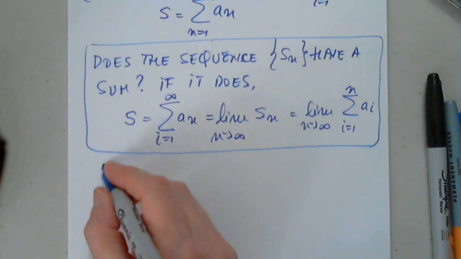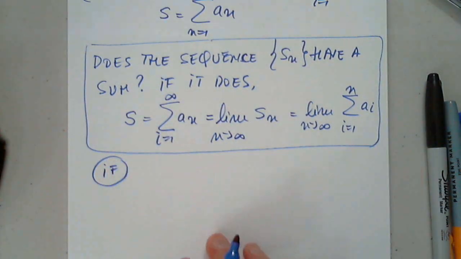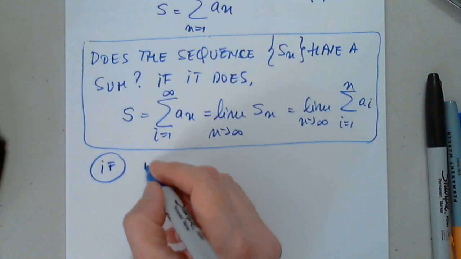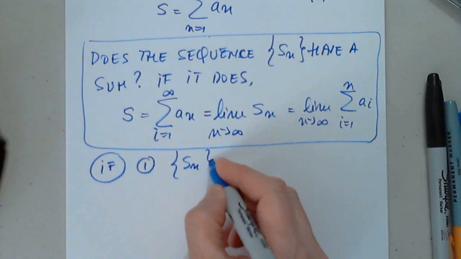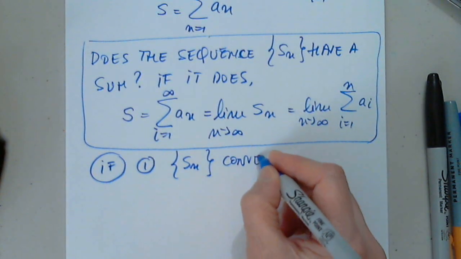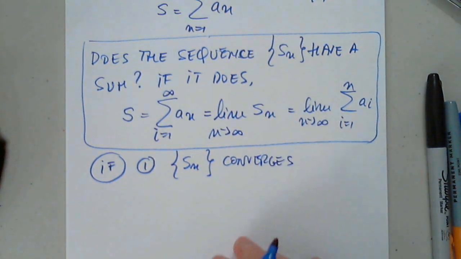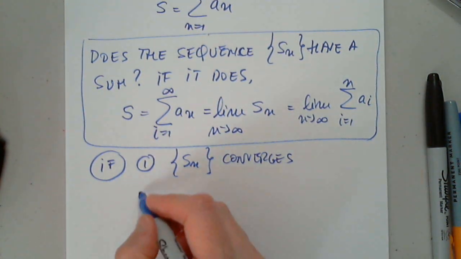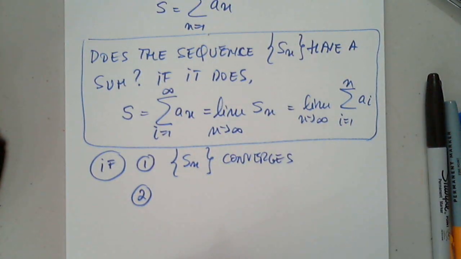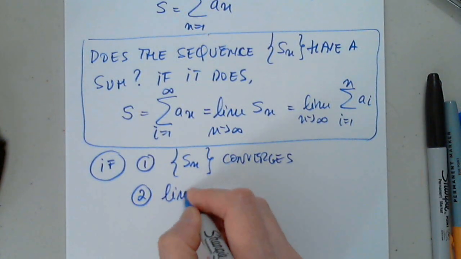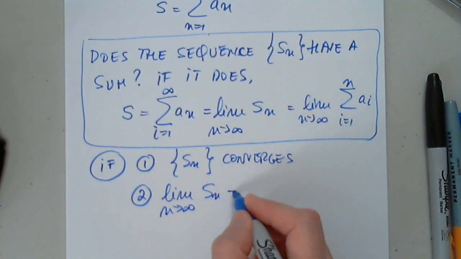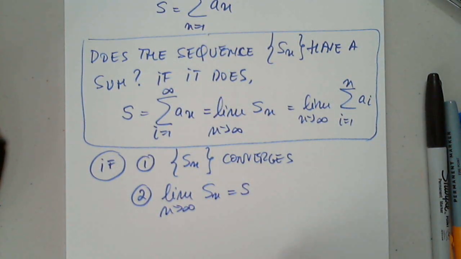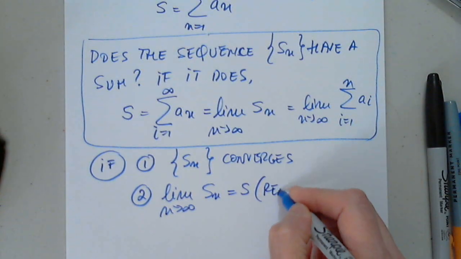Okay, now a big if, and two different things have to happen here. Number one, if the sequence of partial sums converges, and also two, the limit, as we have it here, as n approaches infinity of S sub n is S, in other words, a real number.